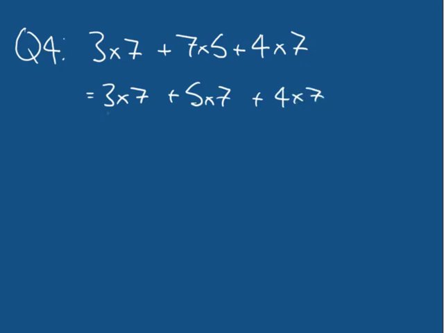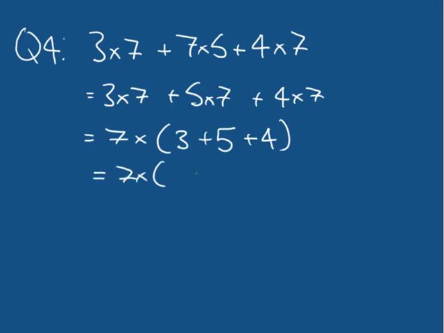Hopefully that makes it a little more obvious that we're multiplying by 7 in each case. In which case we can rewrite this equal to 7 times 3 plus 5 plus 4. So if we were to evaluate this, we get 7 times 3 plus 5 is 8 plus 4 is 12.